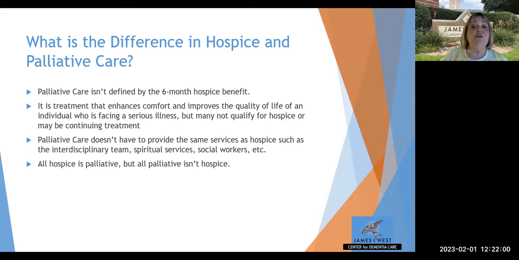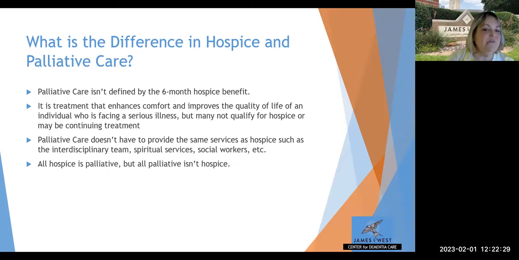Now, here's something different also. Palliative care isn't defined by that 6-month hospice benefit where they're requalifying. A person can be on palliative care and stay on palliative care. It's treatment that enhances comfort and improves the quality of life of an individual who's facing a serious illness, and they may not qualify for hospice at the time because they may be continuing treatment. And that's okay. That's what palliative care is for.